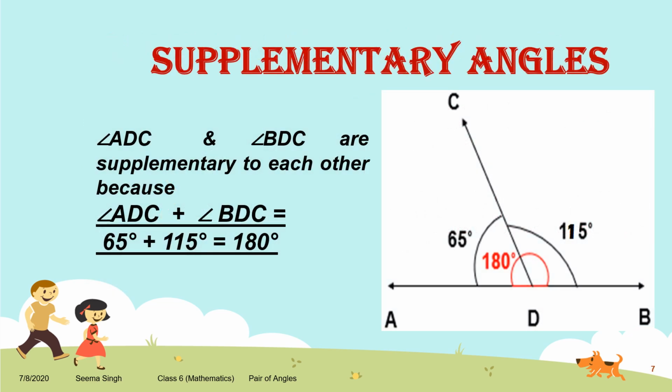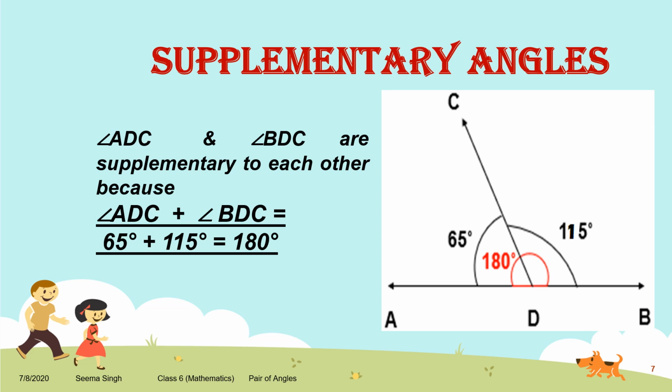Now let's try to understand supplementary angles with an example. We have a straight line angle ADB of 180 degrees, and angle ADC of 65 degrees and angle CDB of 115 degrees. When we add angle ADC to angle CDB, we get 180 degrees.